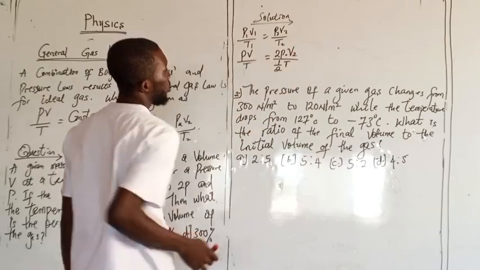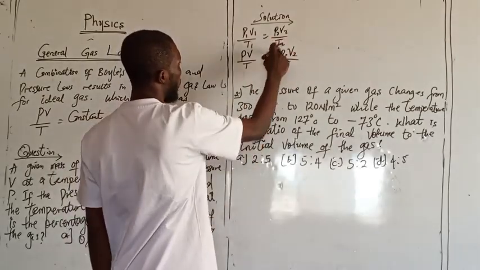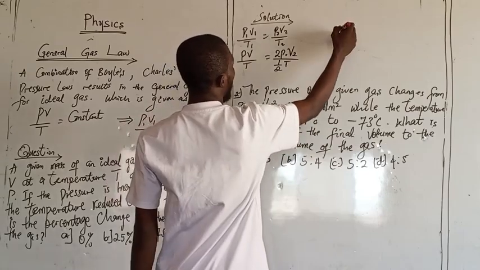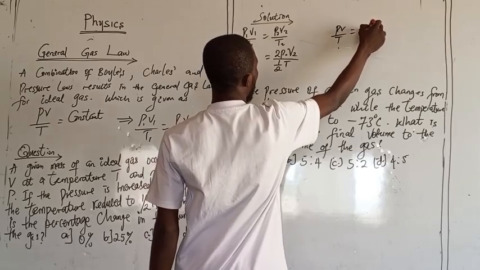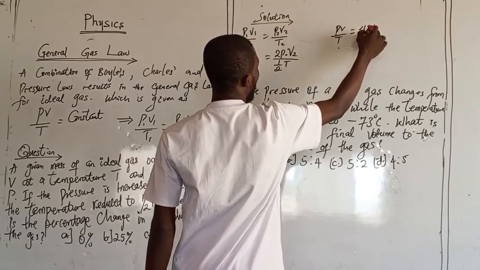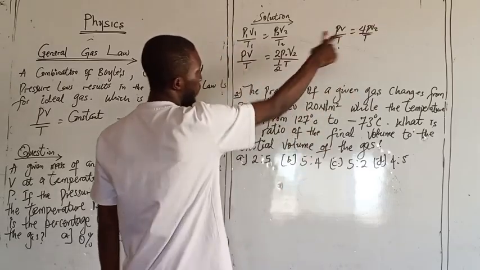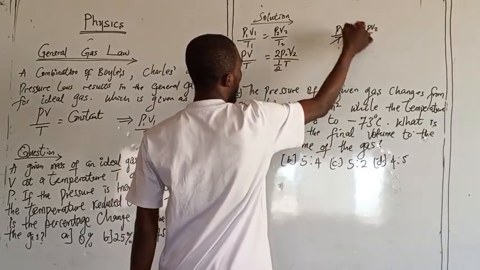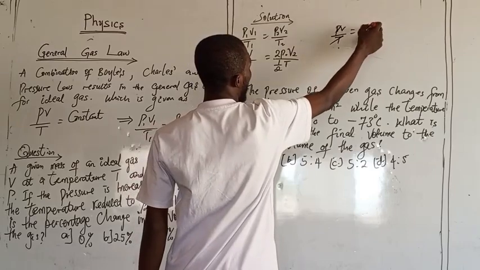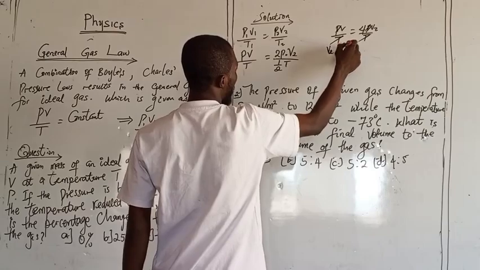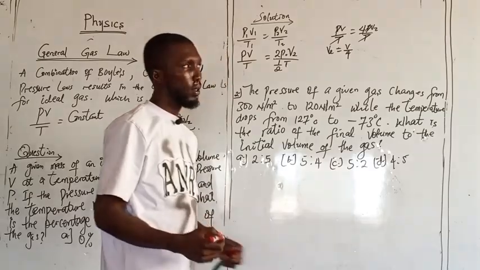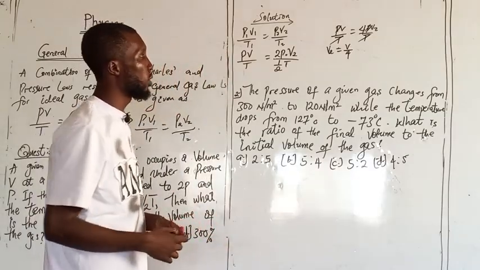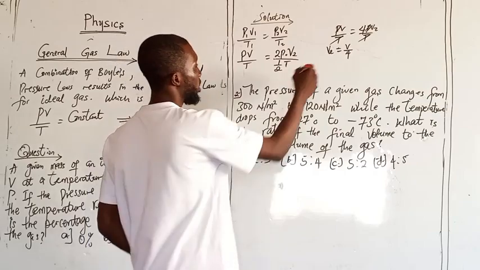The temperature was reduced to half, 1 over 2T. So these two come up and we'll be left with PV over T equal to 4PV2 over T. That is 2 times 2 gives us 4. Temperature cancels temperature, P cancels P, and V2 is equal to V over 4.